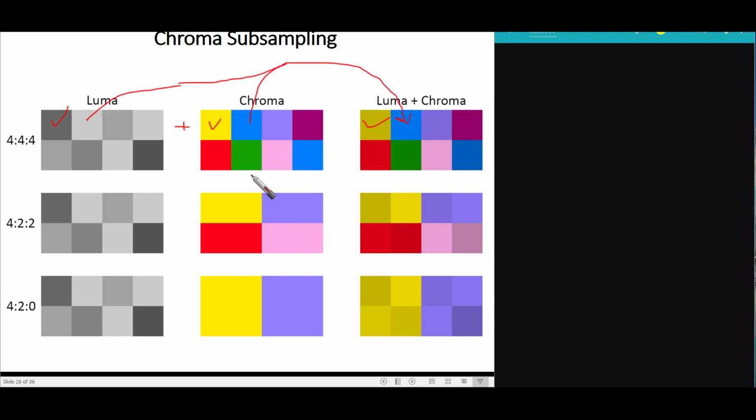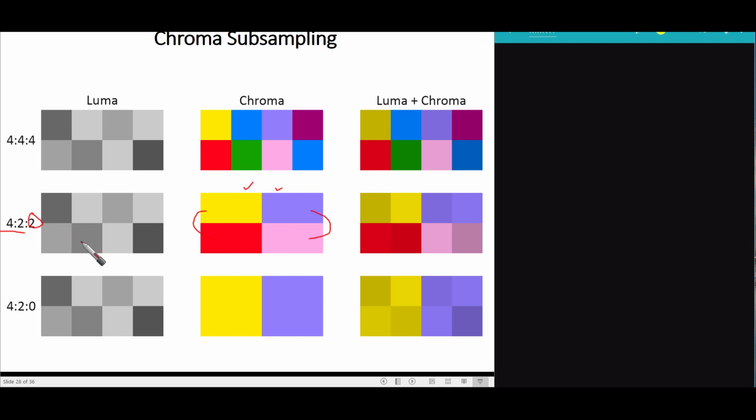Okay. But if we do this kind of subsampling, if we do this kind of 422, it means you see the second pixel following the first pixel's color. So that is 2, and vertically it is also 2. That is one change, and the second is also a change, right?